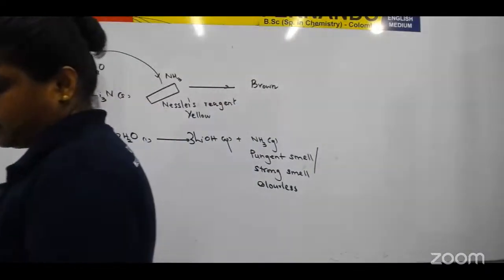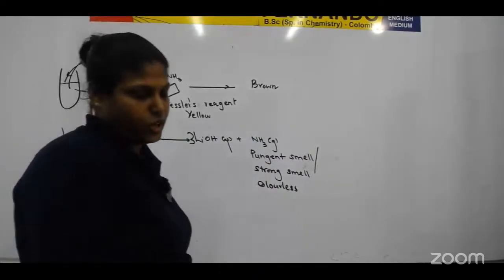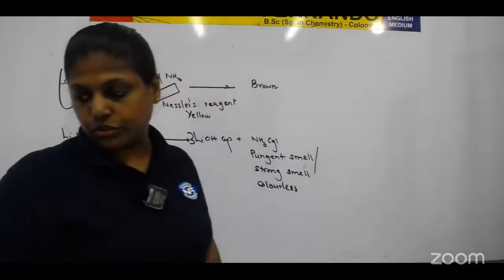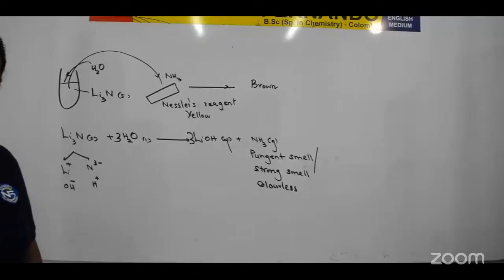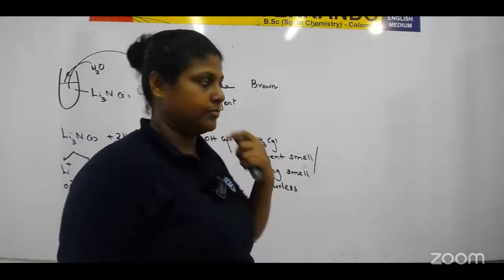Right, then next one, nitrite ion. The first test to identify NO2 minus is to add dilute HCl or H2SO4 to the solid or solution of nitrite ion. A reddish brown gas evolves, that is NO2.